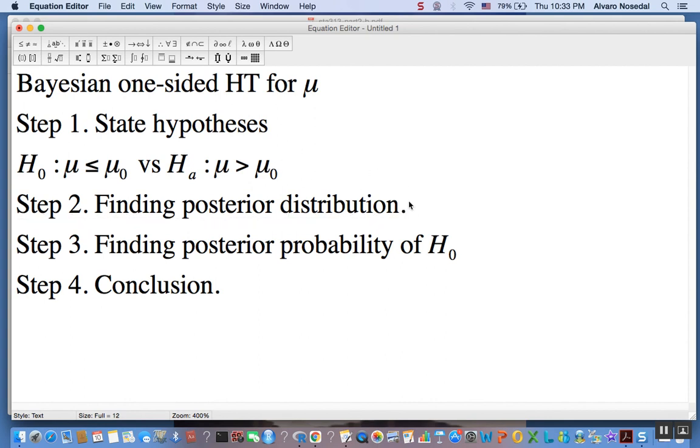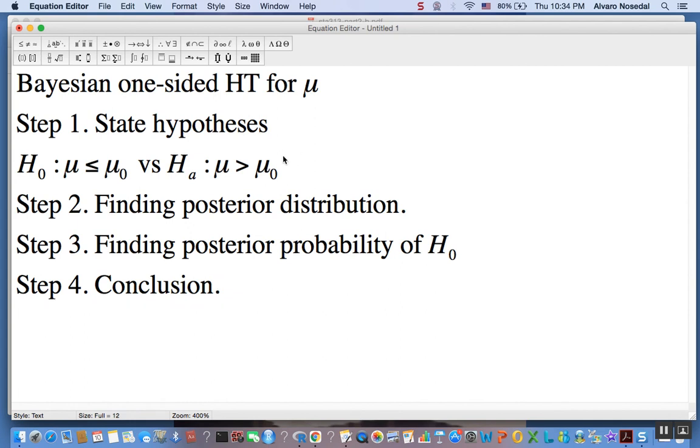Step number 2, instead of finding a test statistic, you find the posterior distribution. Step number 3, instead of finding a p-value, you find the posterior probability of H0. And step number 4, well, based on the size of that posterior probability of H0, you provide a conclusion. If that posterior probability of H0 is small, then you have strong evidence to reject H0, right?